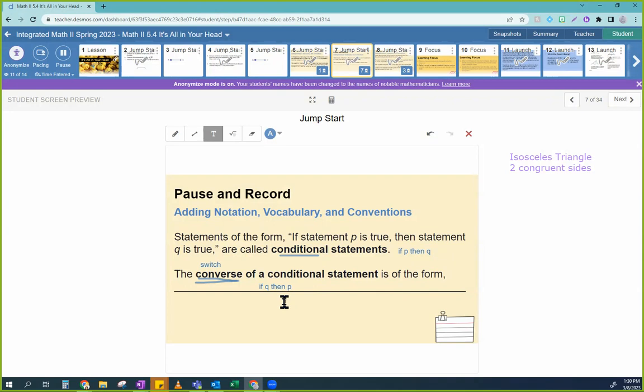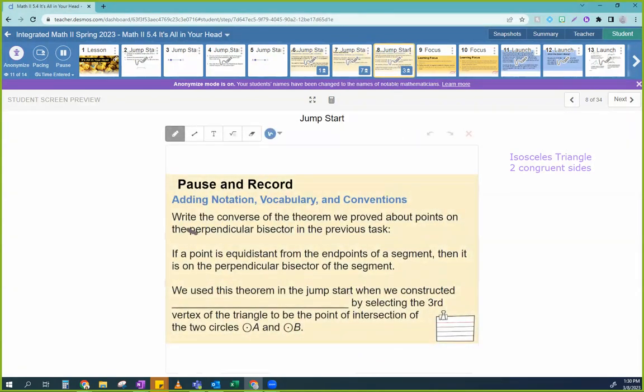Can you guys all think? Yeah, style, Miss Johnson. Exactly. Or maybe she's trying rain boots on at the store and you saw her, right? And you're like, it's not raining outside, Miss Johnson. Why are you wearing them? So do you see how sometimes these are not going to be true? So just because I tell you to write a converse of a conditional statement, it does not mean it's necessarily true. All right, let's continue.